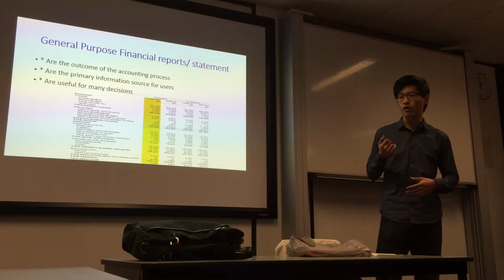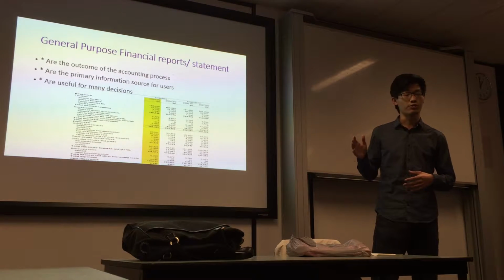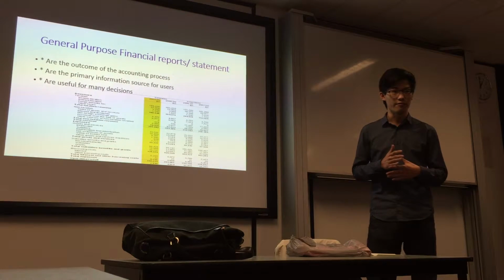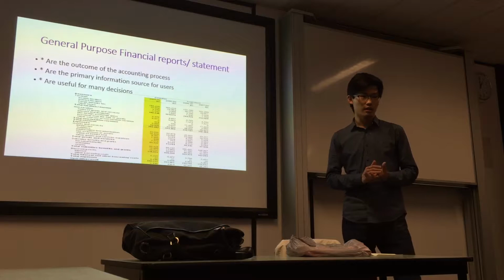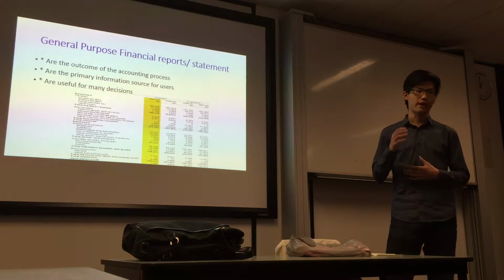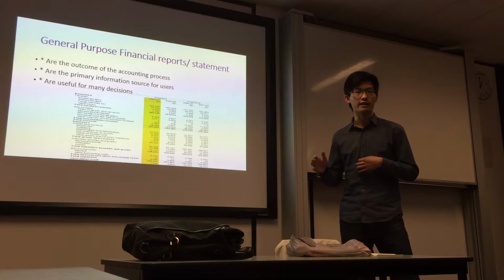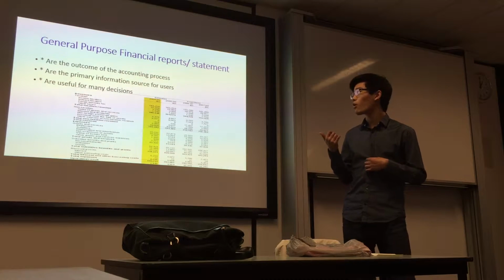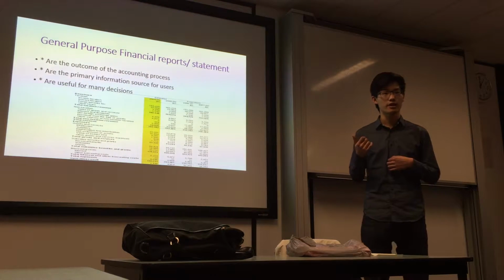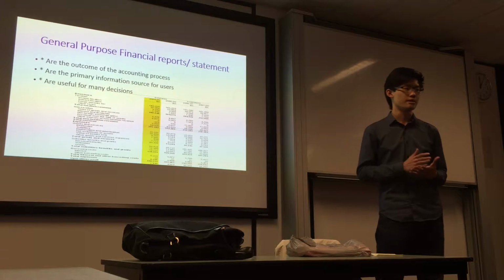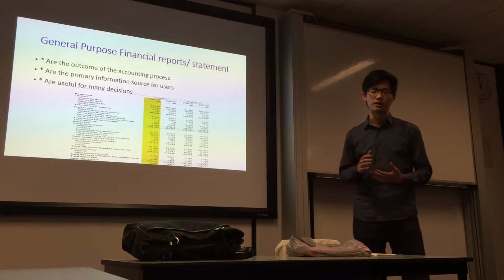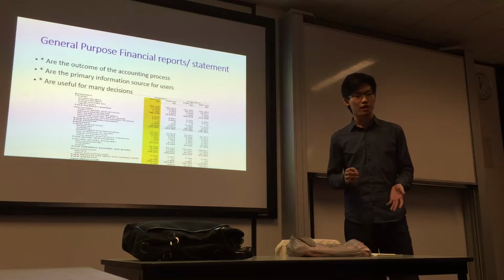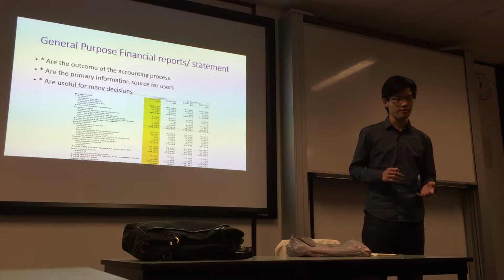The objective of the general purpose financial report is to provide information to the users to make decisions to allocate their resources. And when the general purpose financial reports meet this objective, they become the means by which the management or the governing bodies discharge their accountability.